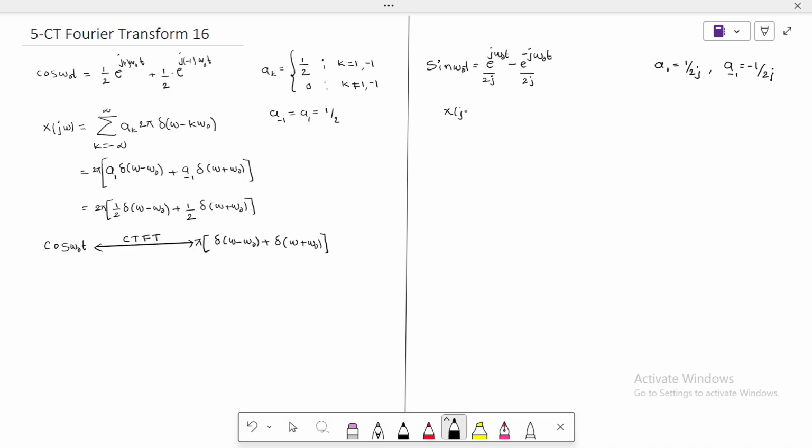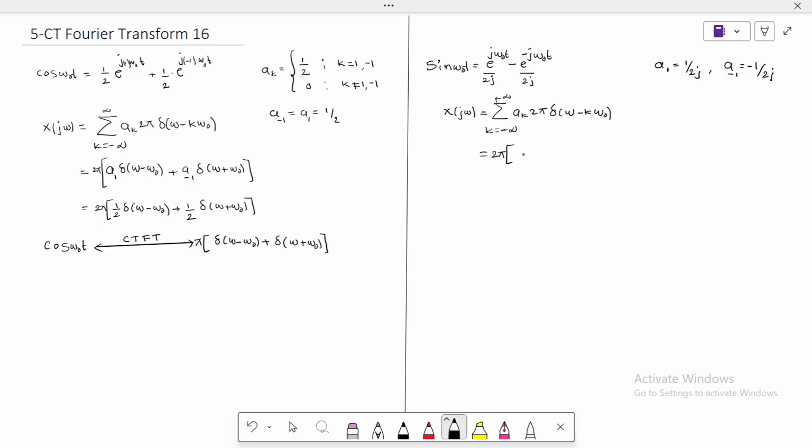So from X of j omega, we know the formula: sum of ak into 2 pi into delta of omega minus k into omega naught, k equal to minus infinity to plus infinity.